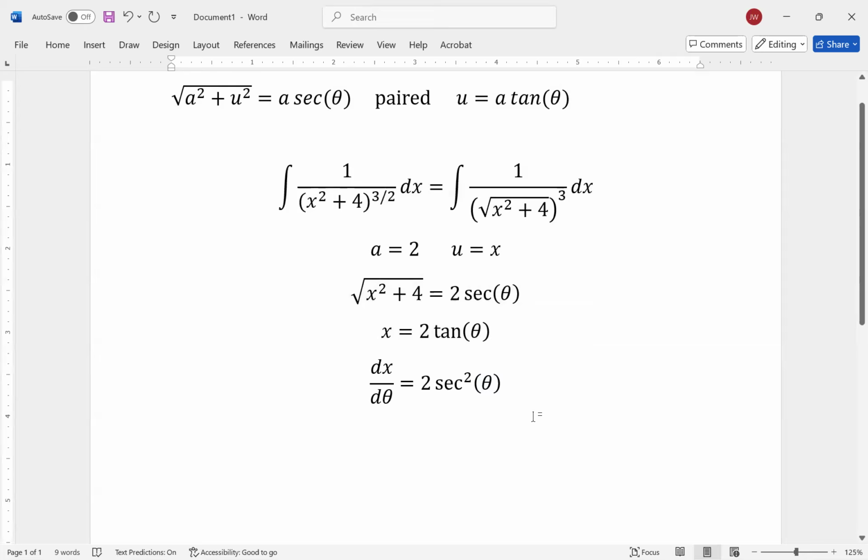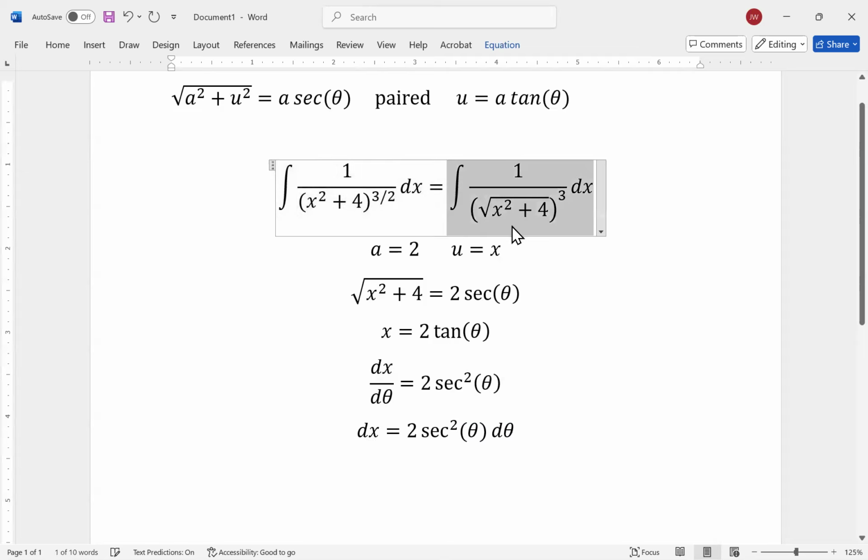So my differential exchange, I can say that dx can replace a 2 times secant squared of theta. So that's what I'm going to replace the dx with. Excuse me, not just theta, d theta. My bad. So the dx is going to get replaced with a 2 secant squared d theta.